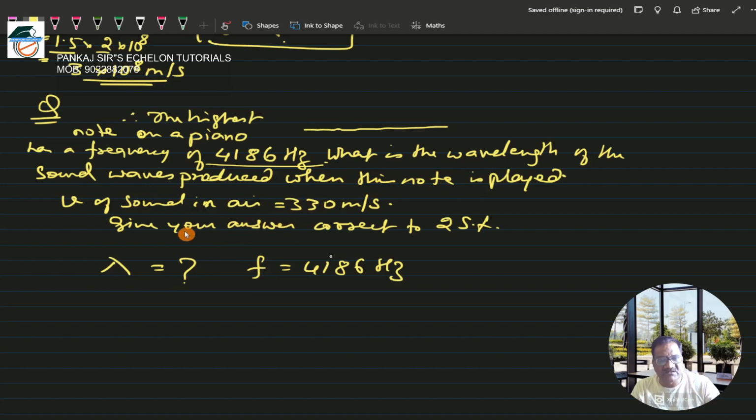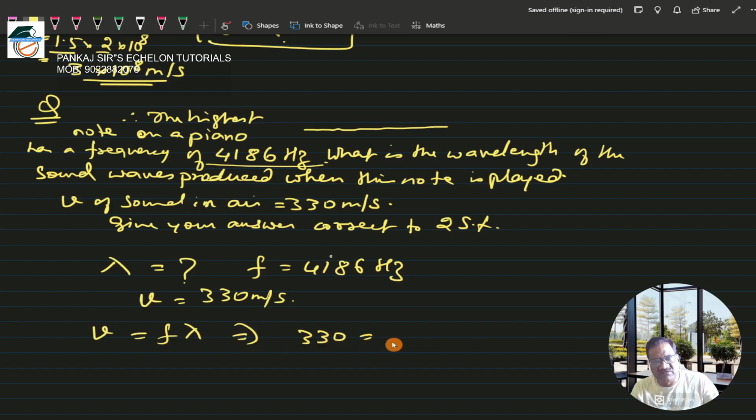And velocity v you can take as 330. Okay, so using this relationship v is equal to f lambda, we can write down that 330 is equal to 4186 times lambda. So 330 upon 4186 will give you lambda.